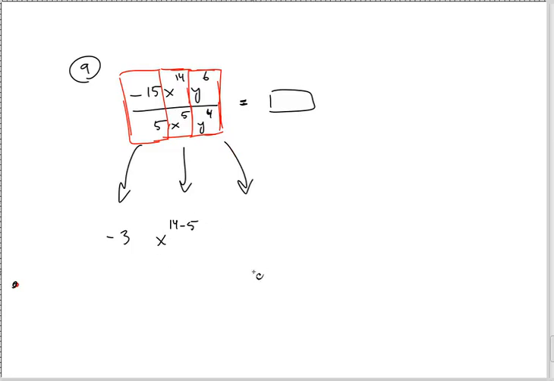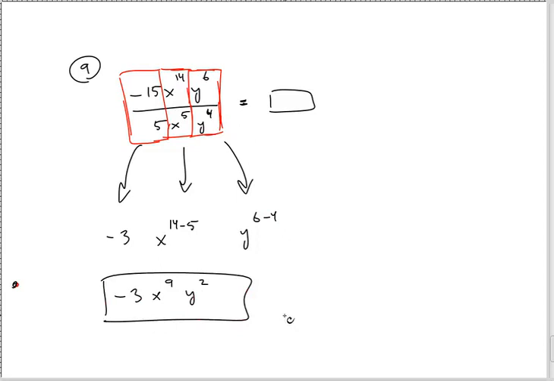This is easy. And the same thing here. And so I got 6, and then it would be a -4. And so combining all this stuff together, we actually get a 9, x to the 9, and then we got a y to the 2. And that's your answer, just the way you see it. Type that in, and you're done.